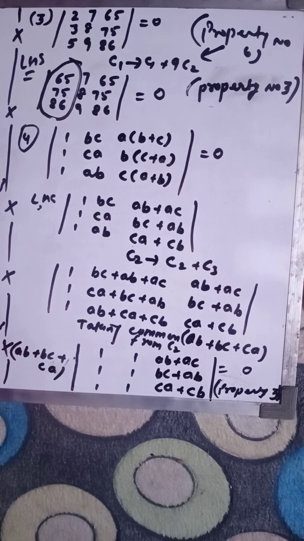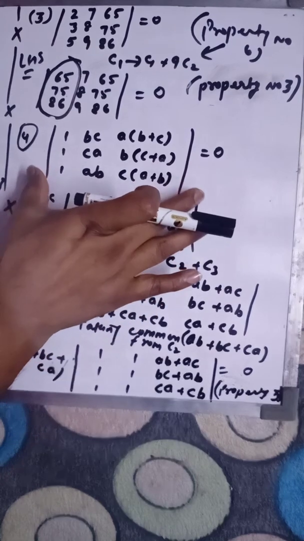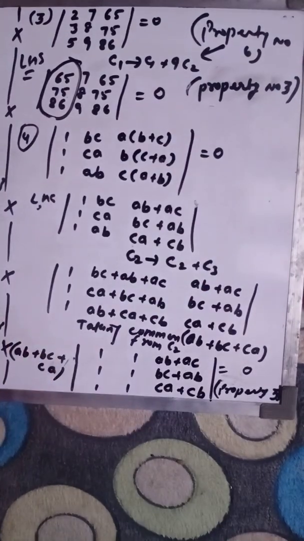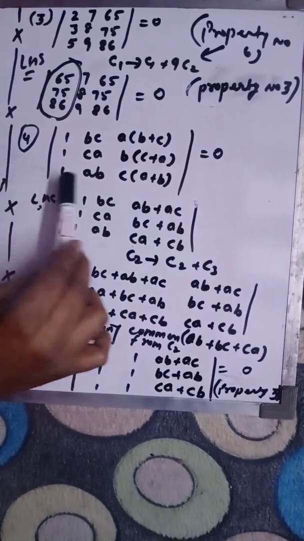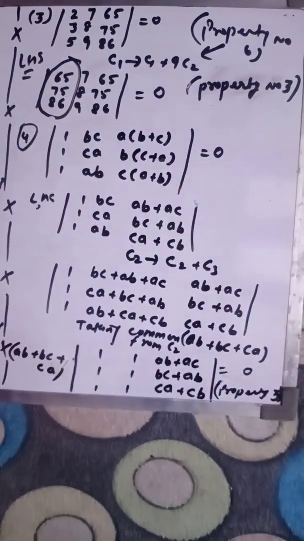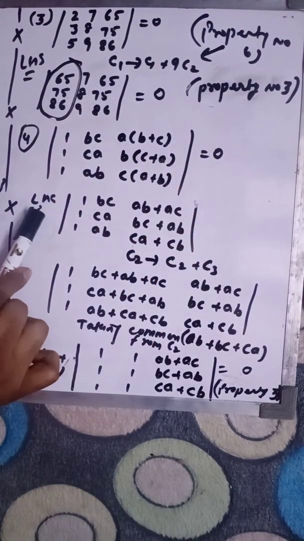The next question is question number 4. This is given to us and we have to prove that it is equal to 0. So we are taking the left hand side.